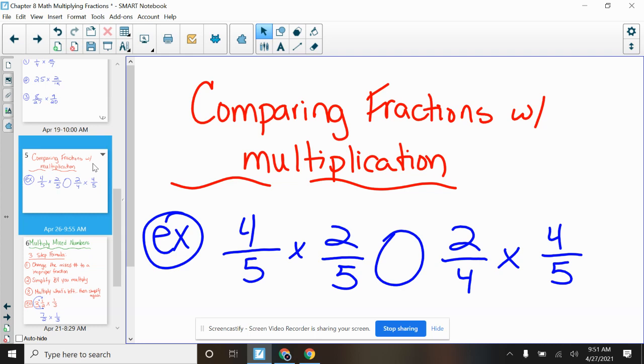But if you had 2 of those mistakes, 2 of those situations where you simplified wrong, and I still take off half for each, together that totals 8 points, right? So even though I give you that partial credit, you still need to know that those things are chunking points away that you don't want to lose, okay?